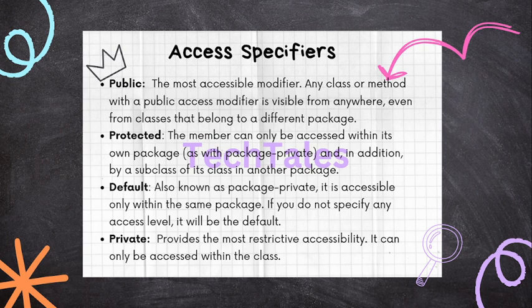Protected variables can be accessible within the package and outside the package through the child class. For example, you are achieving inheritance here. You have one class A, and in class A you have a protected method fun.